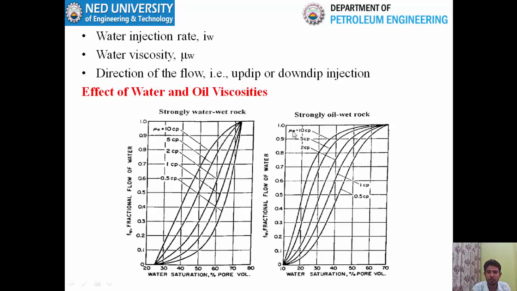So you can also see that regardless of the wettability of the rock, whether it's water wet or oil wet, the lower the oil viscosity, the fractional flow curve will be on the extreme right. And we know that out of these four fractional flow curves, the one on the extreme right is the most efficient displacement process. So for a given system, when the oil viscosity is lower, you will have the highest recovery. So from the graph on the extreme right, you will get the maximum recovery of oil.